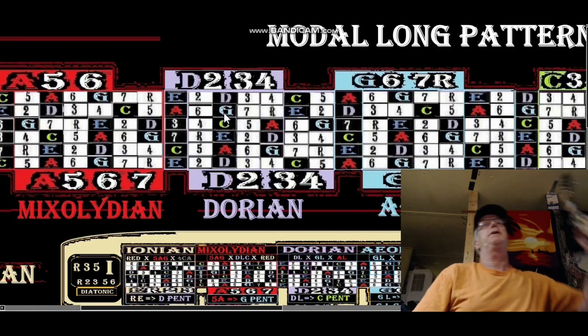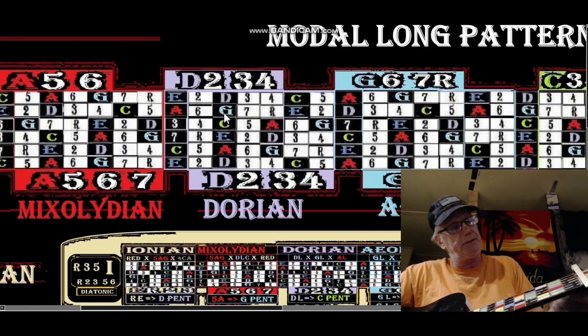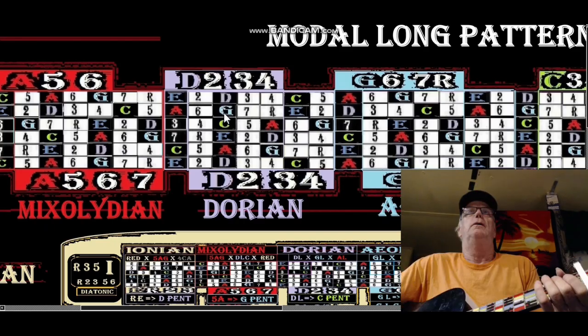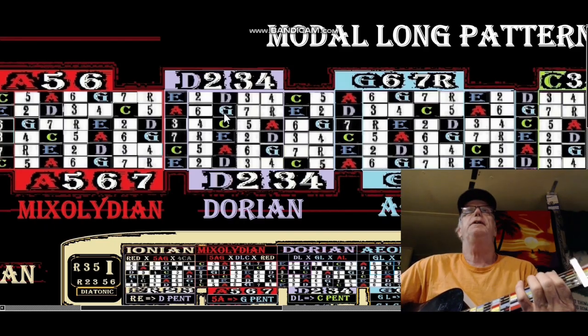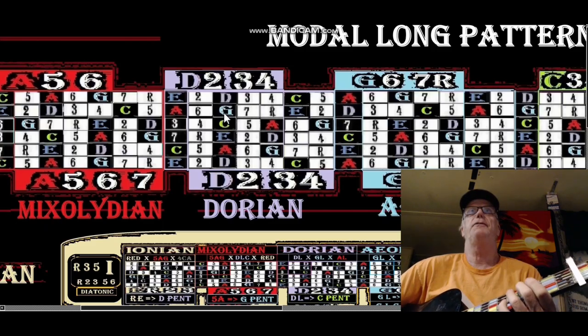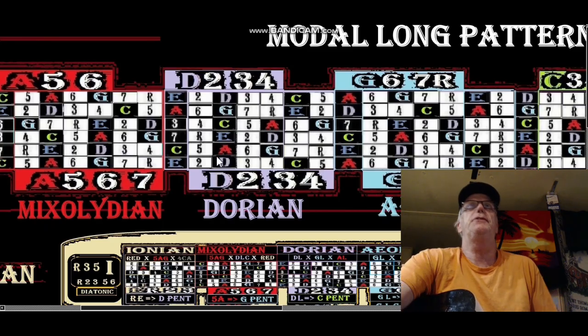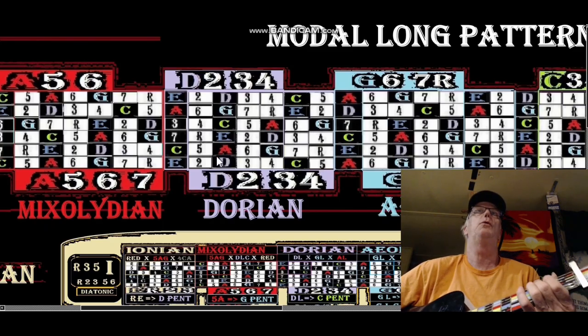So that means we can start on the 2nd. If I have a D down here, right here, D, we can go D, 2, 3, 4, 2, 3, 4, 5. You see that? This is the long cage, and here's the diatonic. 2, 3, 4, 5, 6, 7, root, 2, 3.